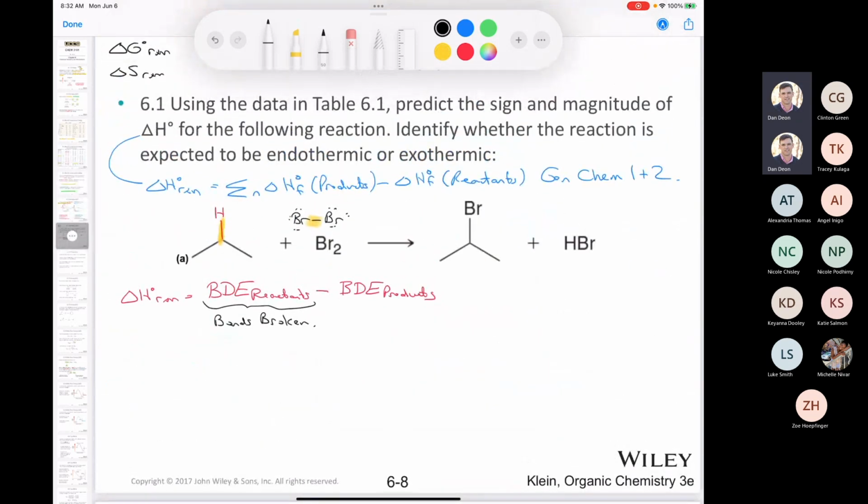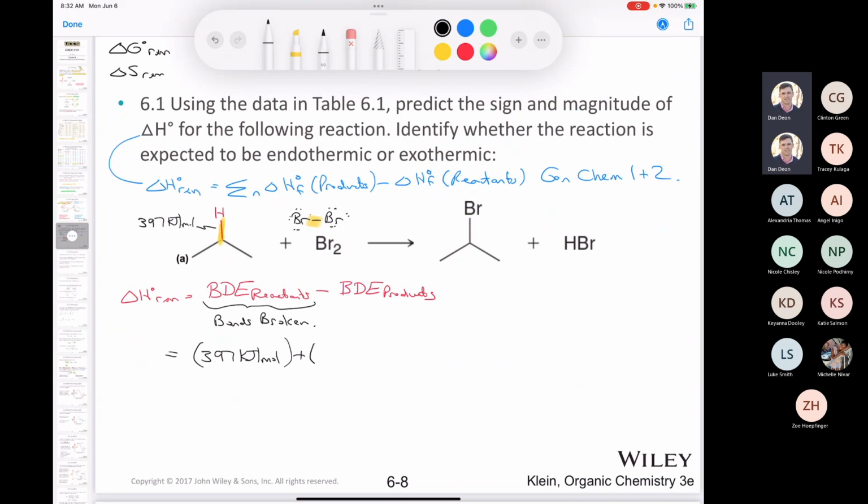So let's take a look. The bond dissociation energies of our reactants. So this bond has a bond dissociation energy of 397 kilojoules per mole. That's how much it takes to break 1 mole of that bond. So let's put in here 397 kilojoules per mole. And then the bond dissociation energy of the Br2.